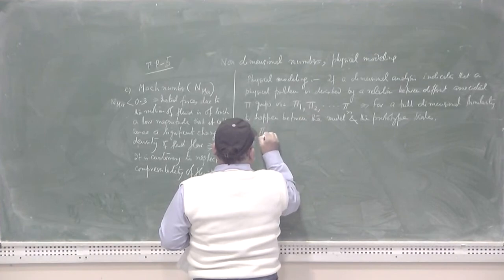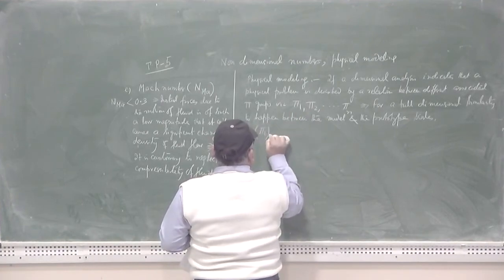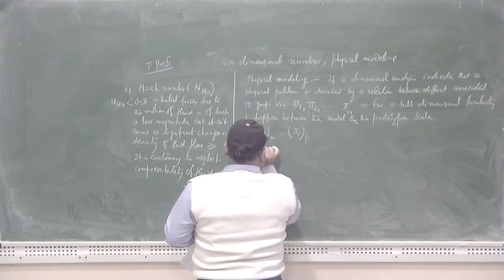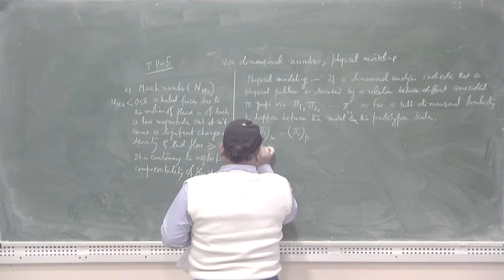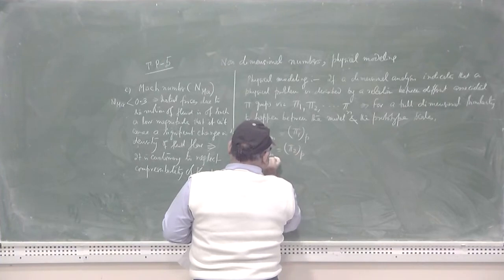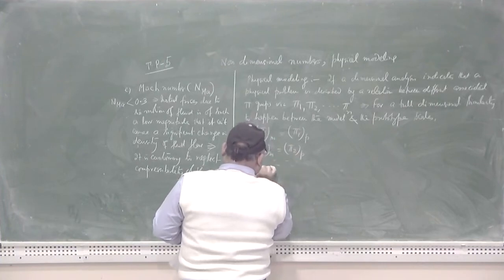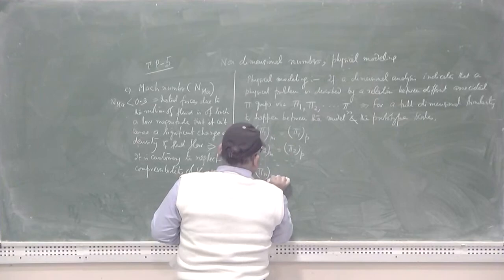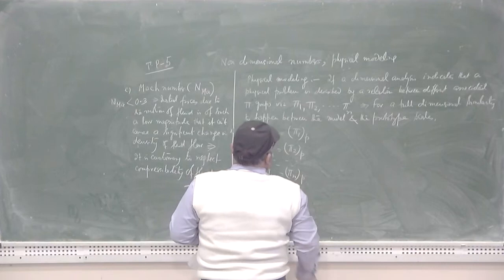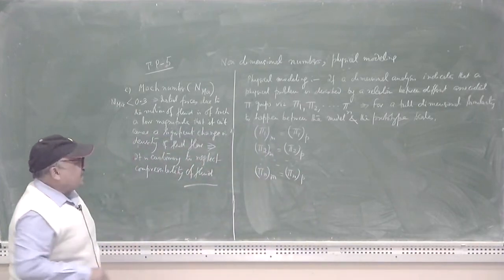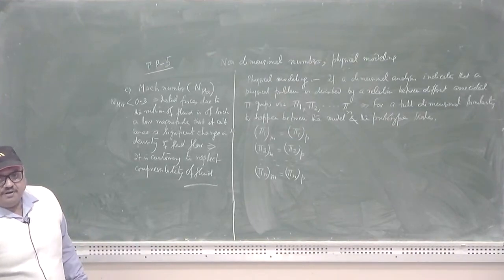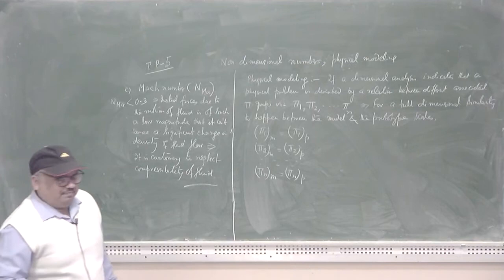The condition should be the pi 1 for the model should be equal to pi 1 for the prototype, pi 2 for the model should be equal to pi 2 for the prototype, and so on, pi n for the model should be equal to pi n for the prototype. This is the condition for full dimensional similarity to happen between the model and the prototype.